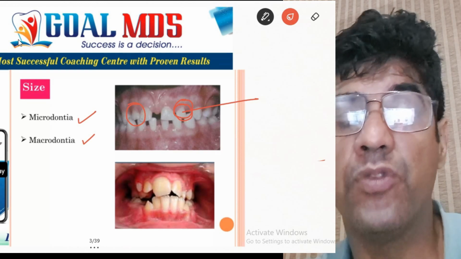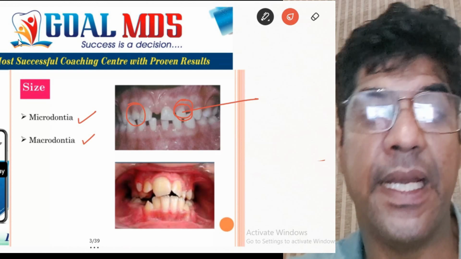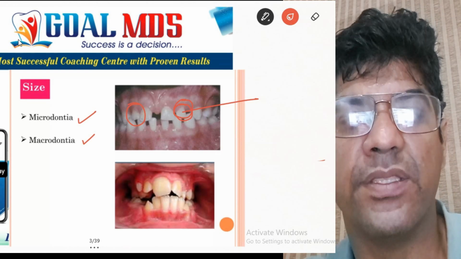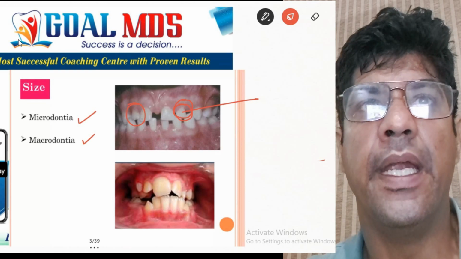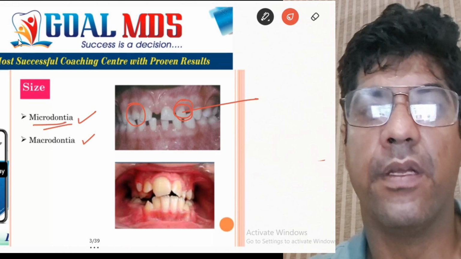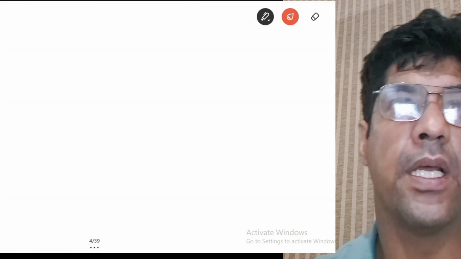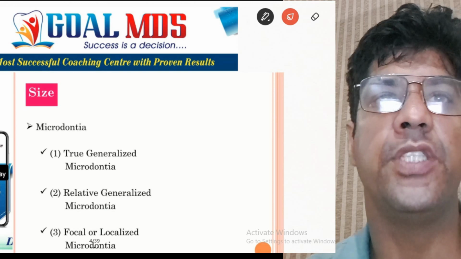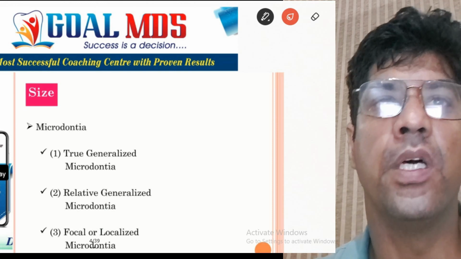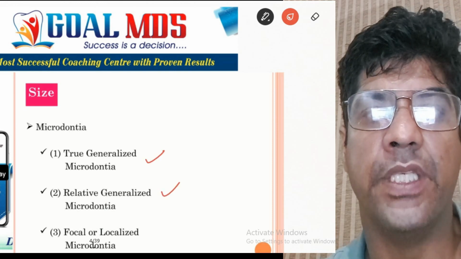So which teeth are most commonly affected? They are the maxillary lateral incisors and the third molars. Now the microdontia can be of three types. They can be either true generalized microdontia, relative generalized microdontia, or the focal localized microdontia.